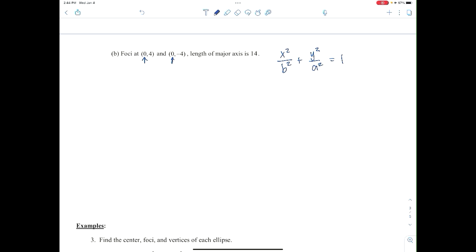Another thing that really helps me when I'm trying to figure these out is getting just a general drawing. We know that we have a length of 14, which means it's going to go up to 7 and down to negative 7. And since our focus points are at (0, 4) and (0, -4), we have something happening like this.